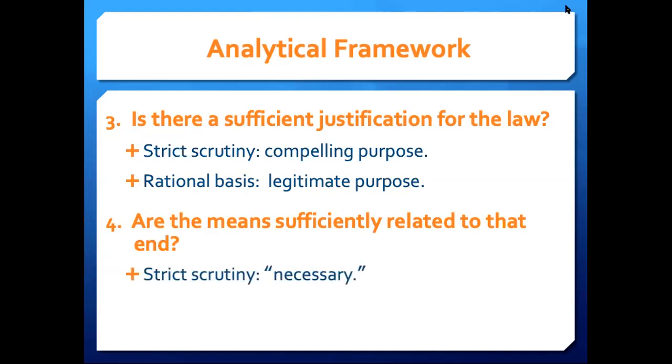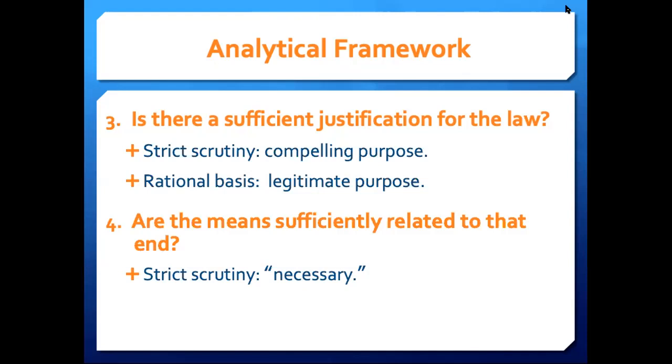If we are in strict scrutiny, we require the government to show that the regulation in question is necessary in order to further that compelling government interest, to which the court often says it needs to be the least restrictive alternative.